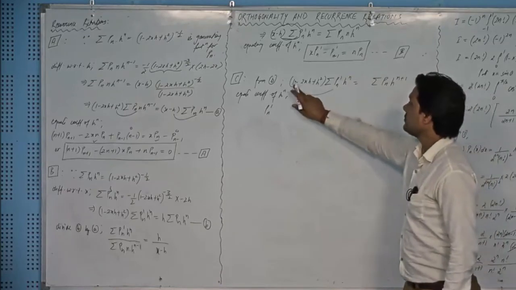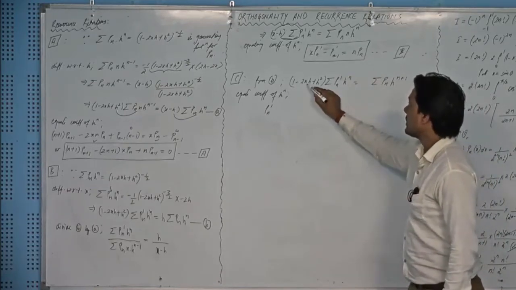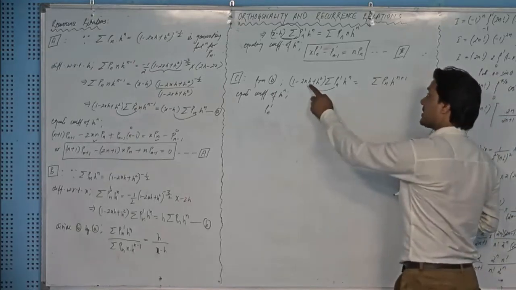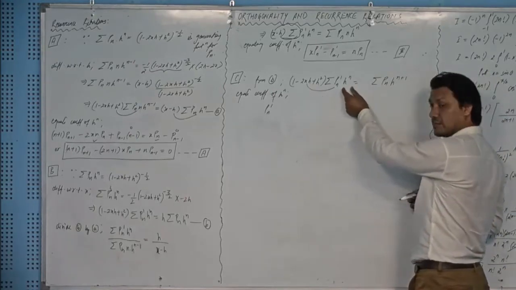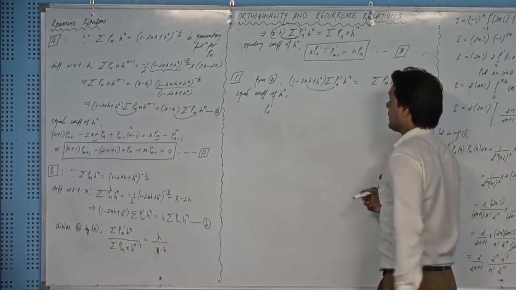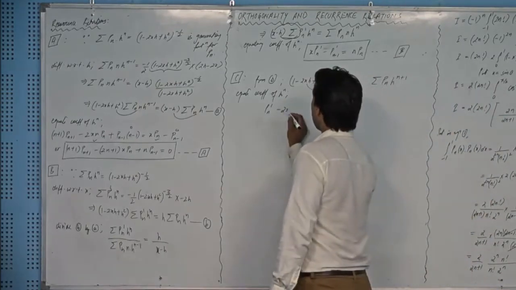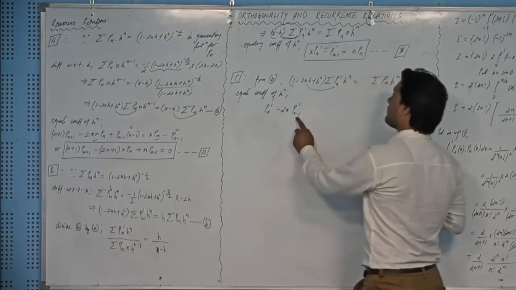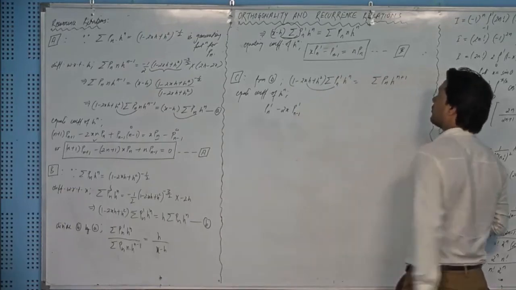And if you try to pick up the coefficient of h to the power n in the second term, you can see that this is h to the power n, it will become h to the power n plus 1. So you have to scale down this time to pick up the correct coefficient, right? So that will give you minus 2x, and Pn minus 1. This will become n minus 1. Suffix will be scaled down, right?